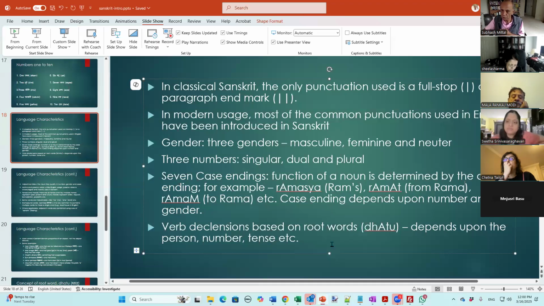All those will determine the declension of the dhatus, the root words for verbal words. And for the nouns, they are called vibhakti, and the case ending will determine what the meaning is.